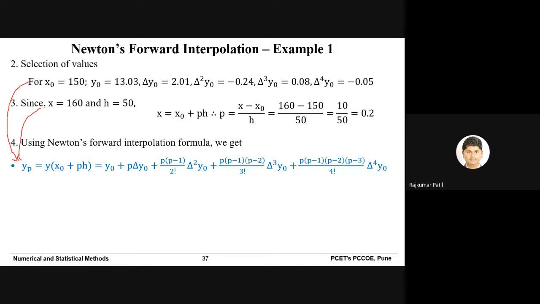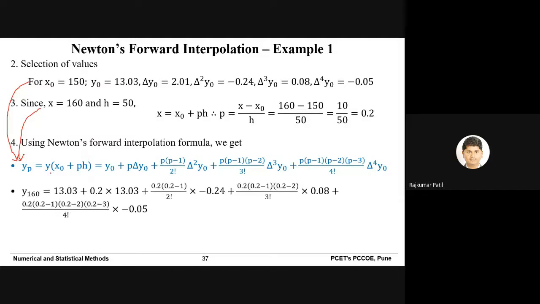Now you need to put the values in the formula. So you can see y naught 13.03, p 0.02, del y naught, del square y naught, del cube y naught, del raised to 4 y naught.